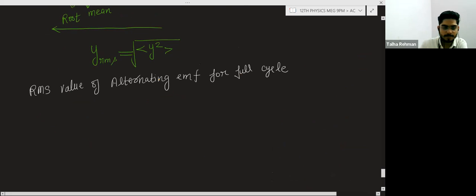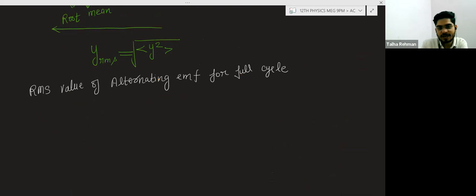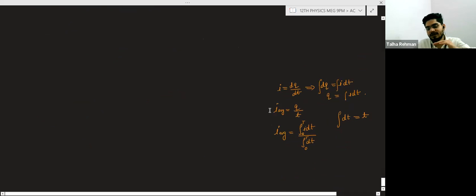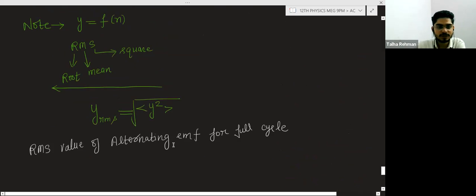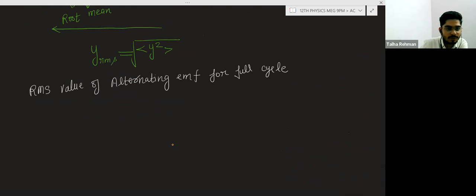So basically, we have to calculate the RMS value of alternating EMF. Here I have calculated the average value of current. In the same way, you can calculate the value of the EMF also. First we should know the equation of EMF: E is equal to E naught sine omega t.